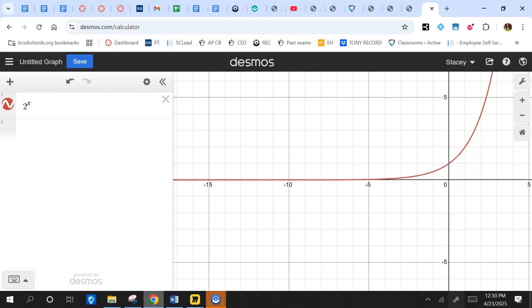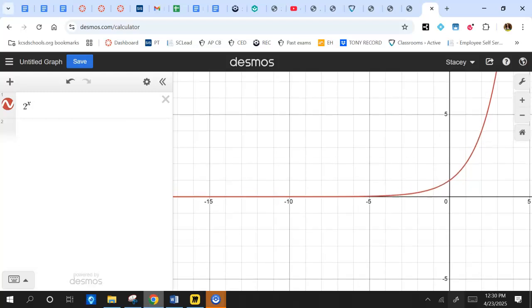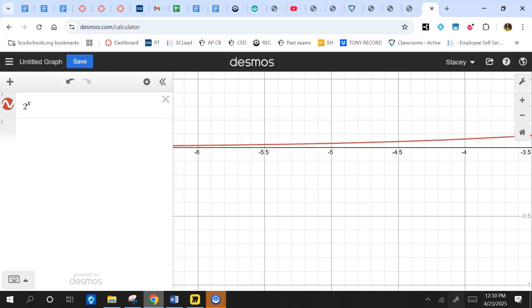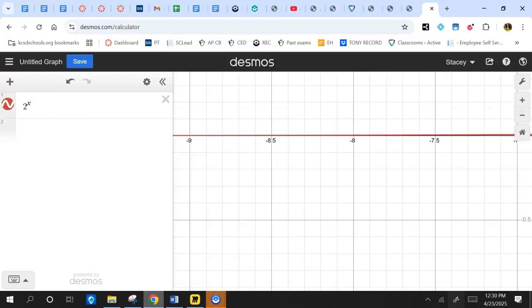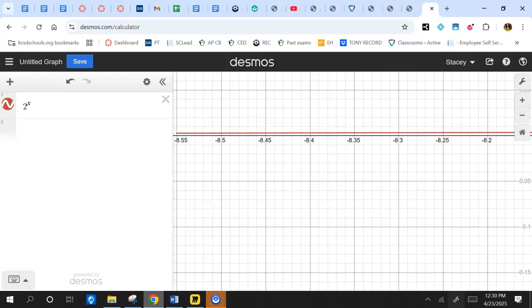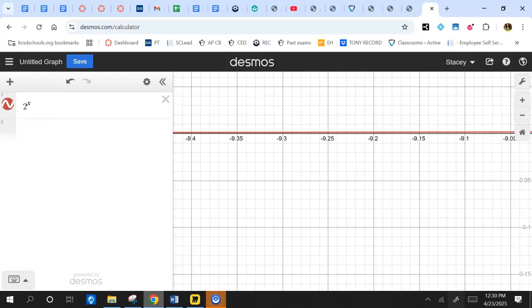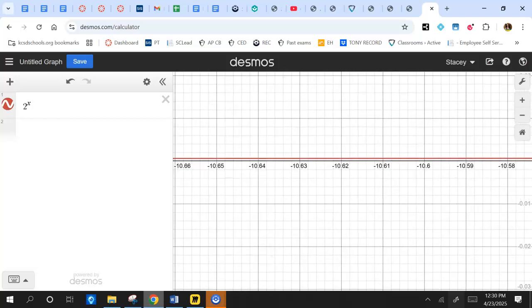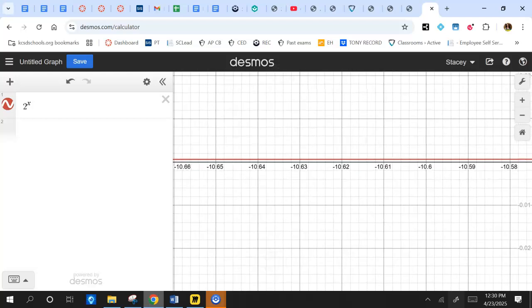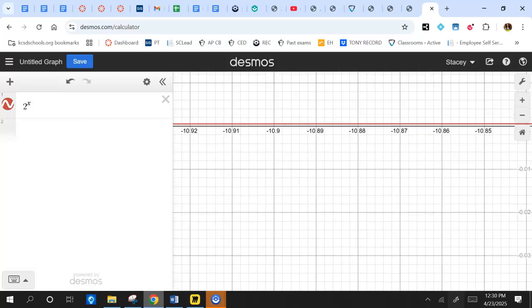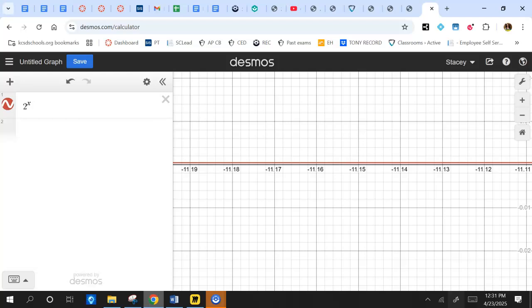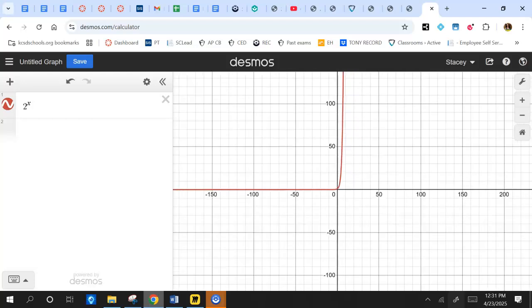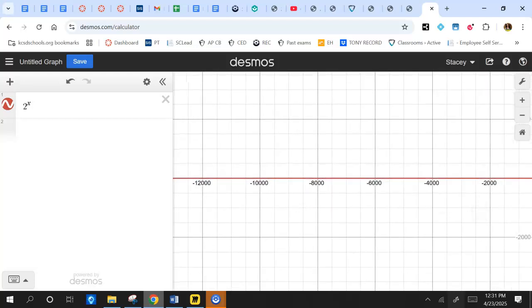Look. My asymptote's at 0 because it's 2 to the X, right? You think it touches? Zoom in. Go left. Keep going. You told me that's not getting low. That's touching. Zoom in. Wait, what's the point? Just go to the farthest number possible.